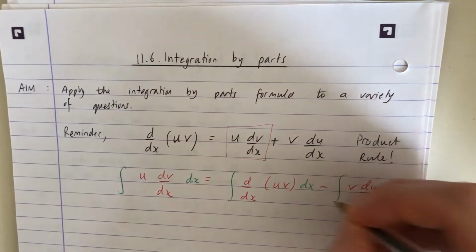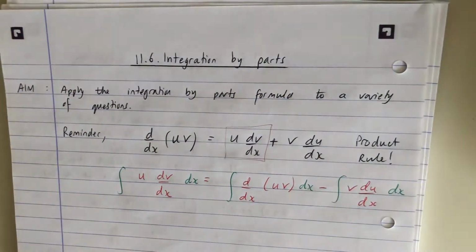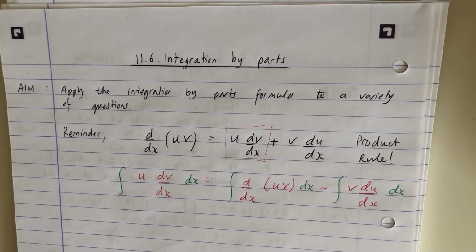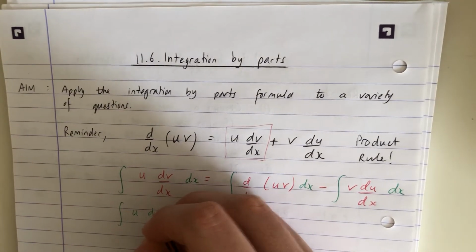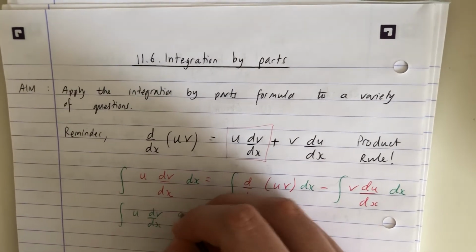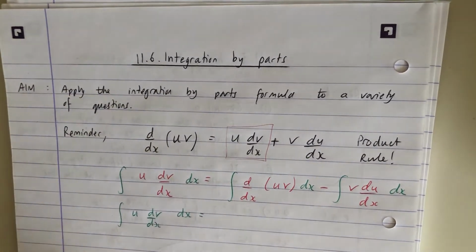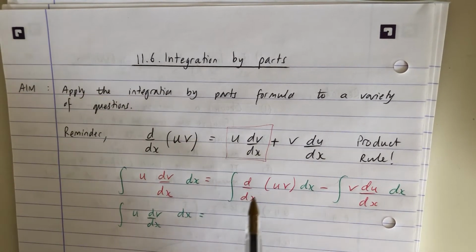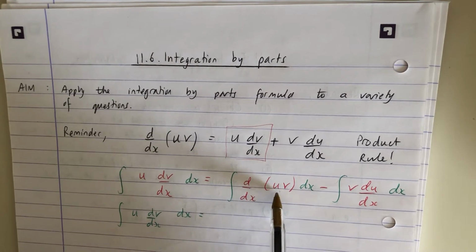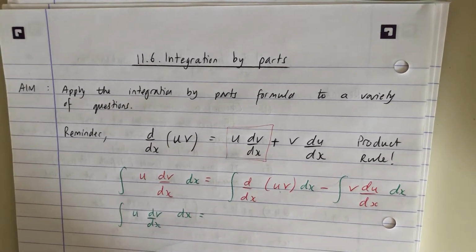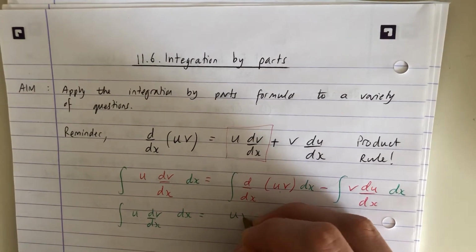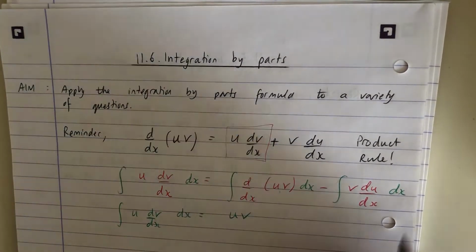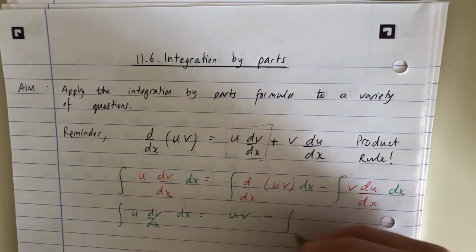with respect to x, like so, one of these terms does simplify quite a bit. This first one stays as it is, there's no way to simplify that. But then this term is differentiating something, then integrating it, and they effectively cancel out with each other, so you're just left with the product uv, and then this term doesn't simplify at all.